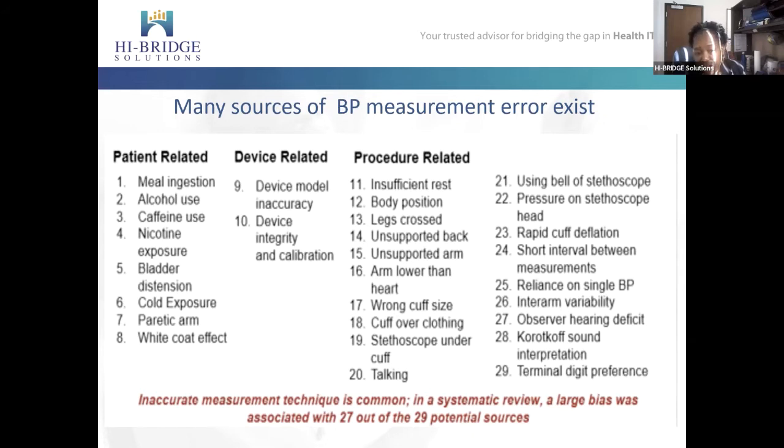Rapid cuff deflation. So here are just a few of the measurement errors that can cause your blood pressure readings to be inaccurate. Inaccurate measurement techniques are common. In a systematic review, a large bias was associated with 27 out of the 29 potential sources. So 27 out of 29 of these sources is what has caused most individuals' blood pressures to read inaccurately.